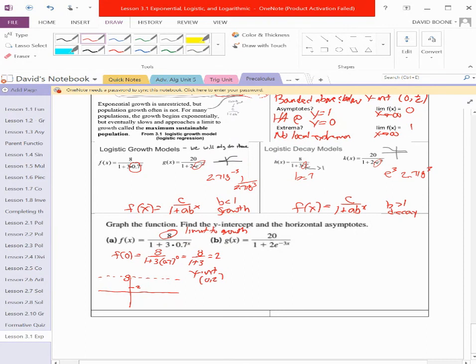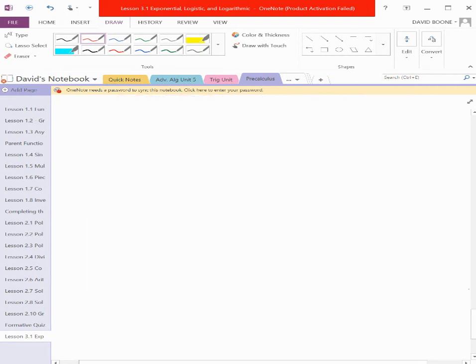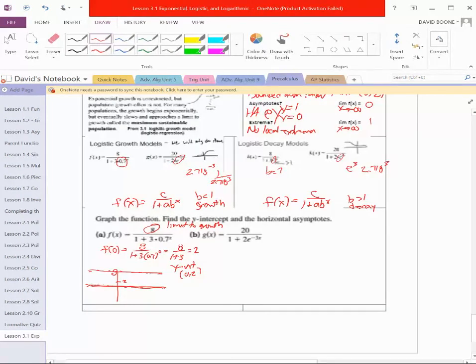So maybe it'll work on this one. So let's go and try to find the y-intercept. And maybe if I just change colors here. Sorry. All right, there we go.